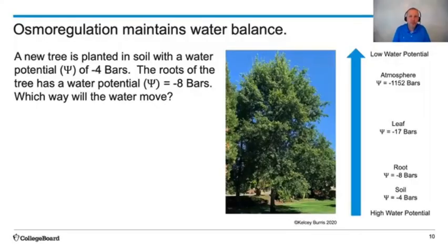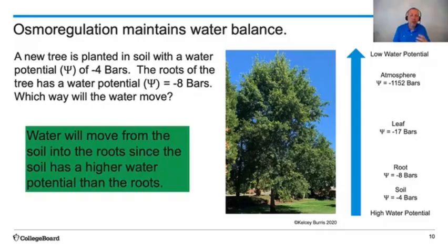A new tree is planted in a soil with a water potential of -4 bars. The roots of the tree have a water potential of -8 bars. Which way will the water move? Well, water will move from the soil into the roots since the soil has a higher water potential than the roots.